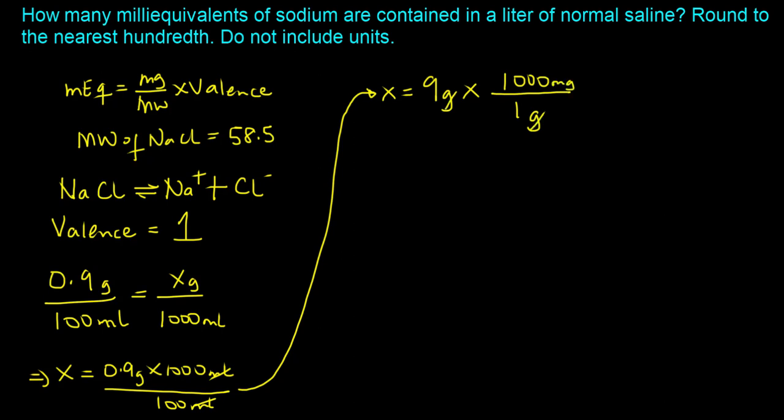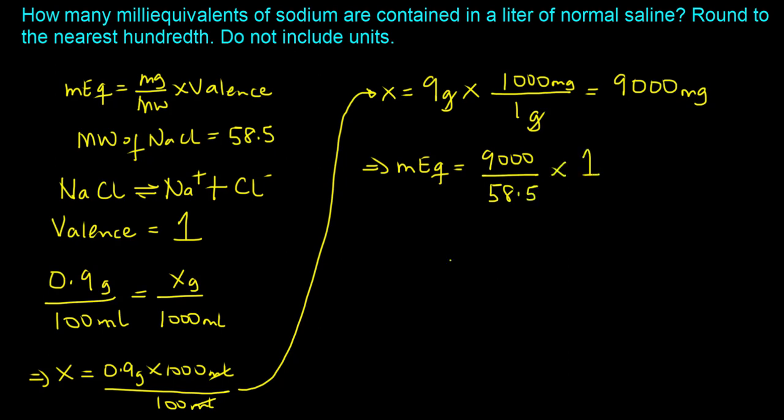The grams cancel out, and you end up with 9,000 milligrams. So now we can put all of the information into the equation, and that would imply that you have milliequivalents being equal to 9,000 divided by 58.5 times 1.